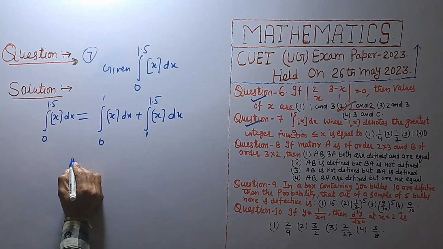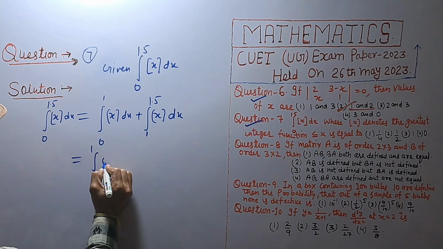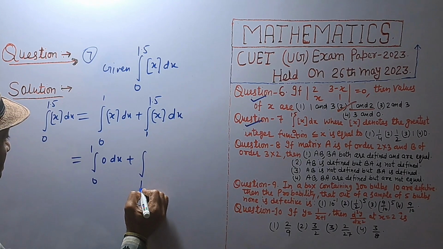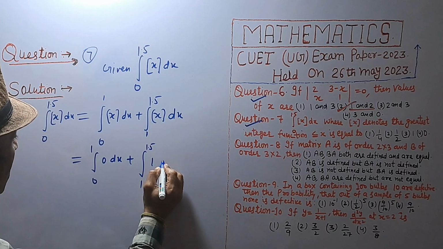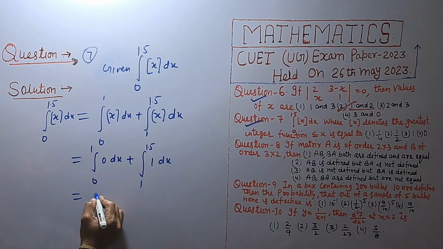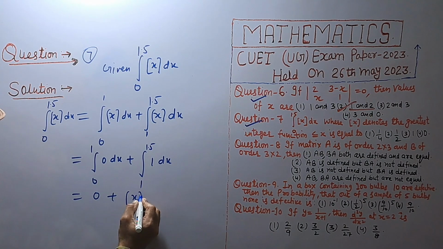That is the integral from 0 to 1 of 0 dx plus the integral from 1 to 1.5 of 1 dx. Integration of 0 is equal to 0, plus integration of 1 is equal to x.